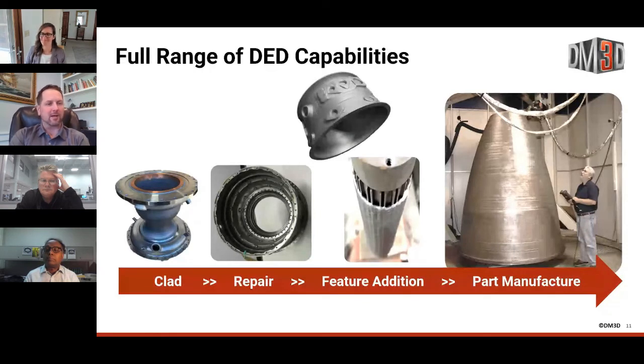So they don't want to cut away any more material than they need to, because every time you repair a part, you need to go down to virgin material. And so if you have 20 thou to play with and you cut 20 that first time, that's the only repair you can do. Whereas if you can go 10, then you could do it twice, hypothetically, right? You can do 10 and then 10 the next time.